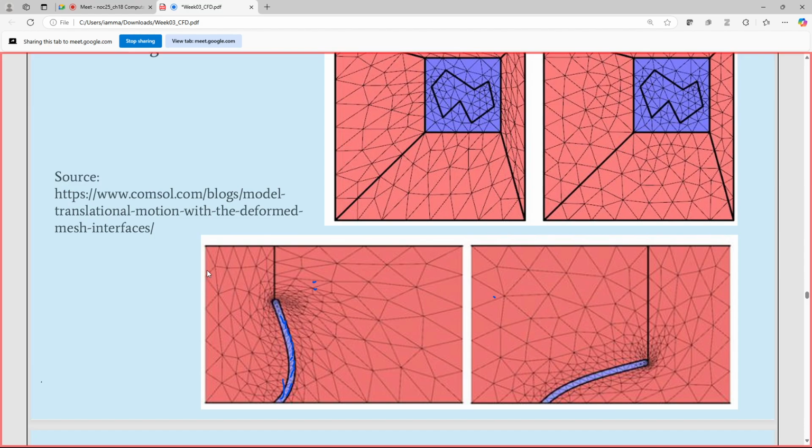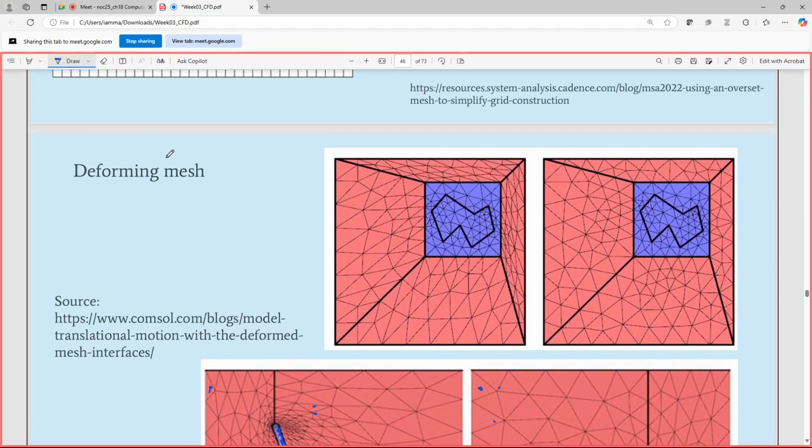Suppose you are checking this element here, and the corresponding element here is larger in size. So according to the moving object's motion, the mesh is changing its shape. That is, it is getting deformed. Such kinds of meshes are called deforming meshes.